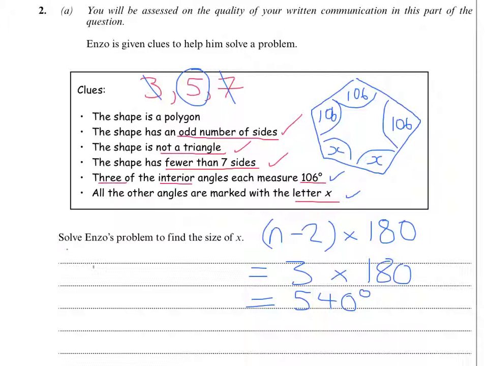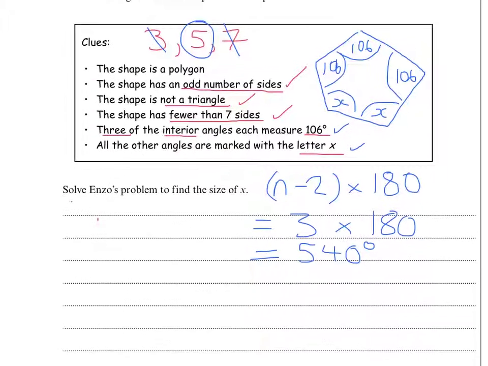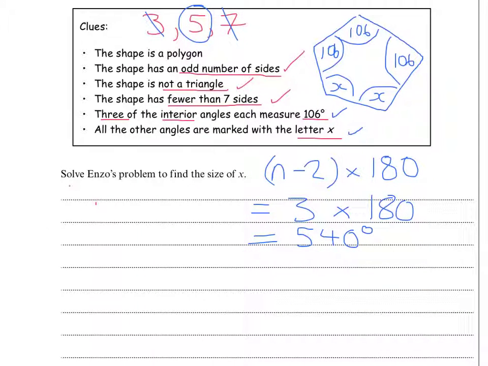So what I'm going to do then is add up all the angles that I've got so far. I've got my 106, my 106, and my 106. Then if I add on my 2 x's, they should also add up to my 540 degrees.